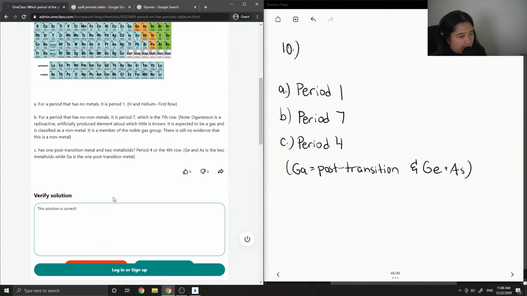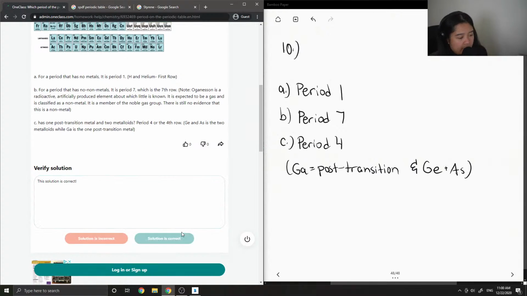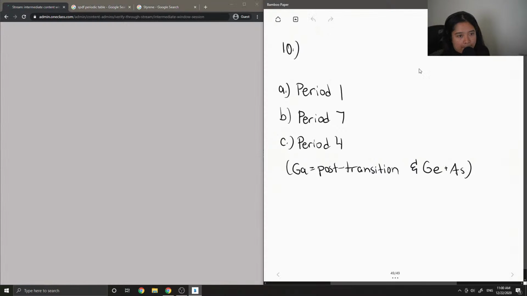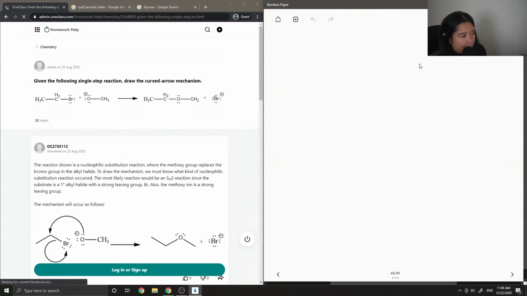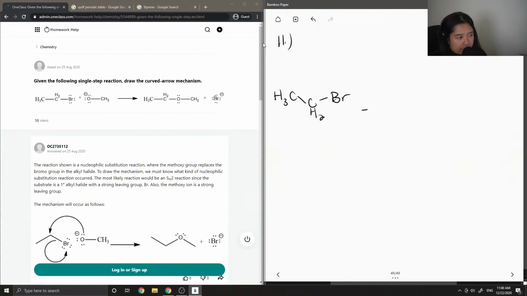I think we have time for one more quick question. 11. Given the following single-step reaction, draw the curved arrow mechanism. So we start off with a bromine group plus this negatively charged oxygen.